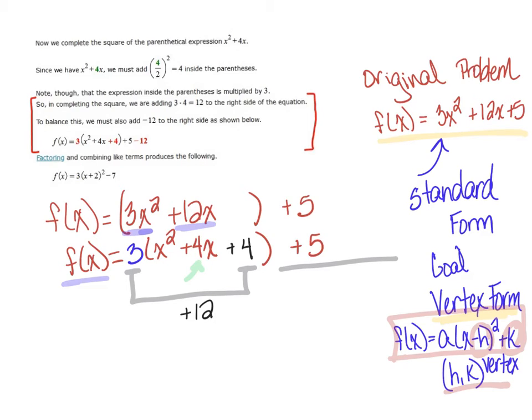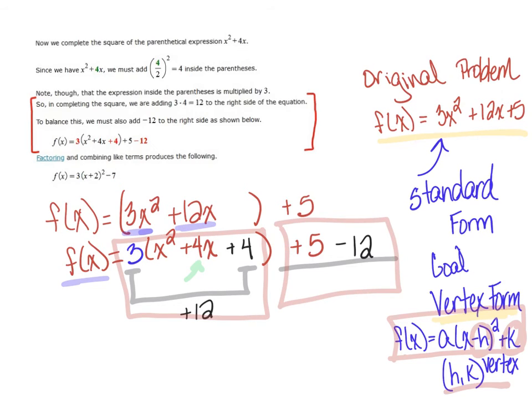So because I added plus 12 to the part that's in parentheses, I have to subtract 12 on the other part to keep everything balanced. So what I actually have is 3 times 4 is 12. That's what's been added here. Then I'm going to subtract 12 here because positive 12 and negative 12 is 0.